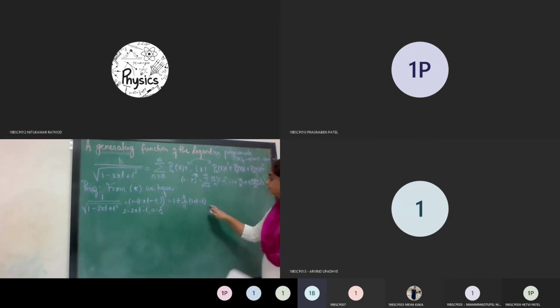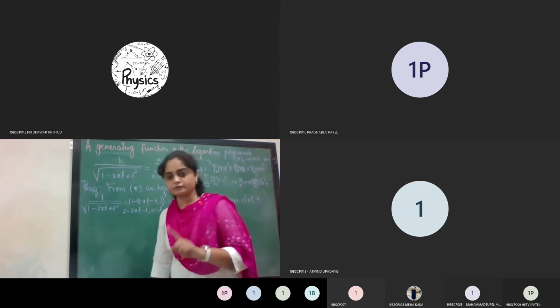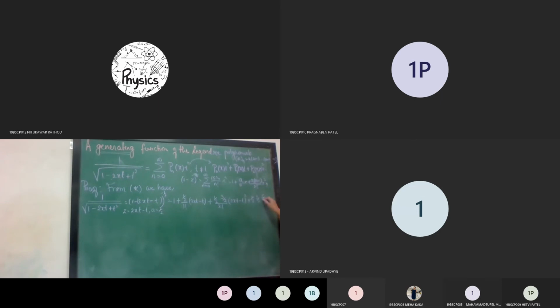Then plus 1 by 2 into 1 by 2 plus 1, so it will be 3 by 2. So it is 1 by 2 into 3 by 2 upon 2 factorial into z square, that means (2xt minus t square) whole square, plus the next term 1 by 2, 3 by 2 into a plus 2, a is 1 by 2 so it will be 5 by 2, upon 3 factorial (2xt minus t square) whole cube, and so on.